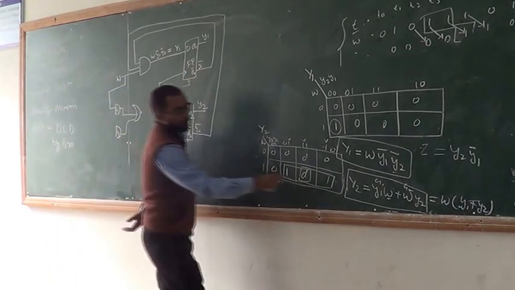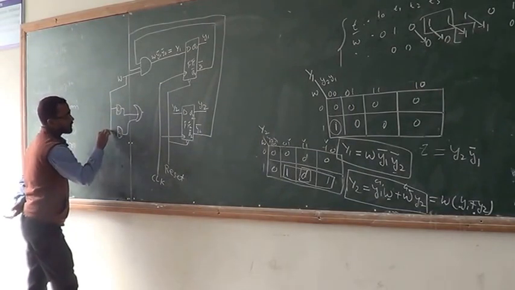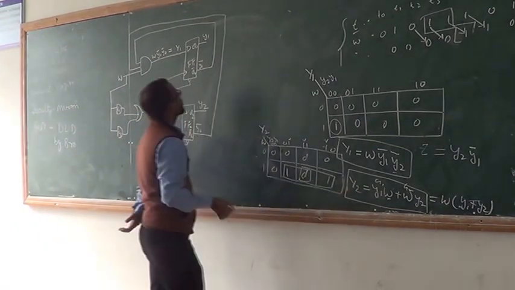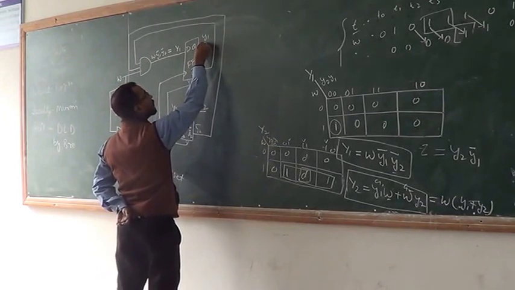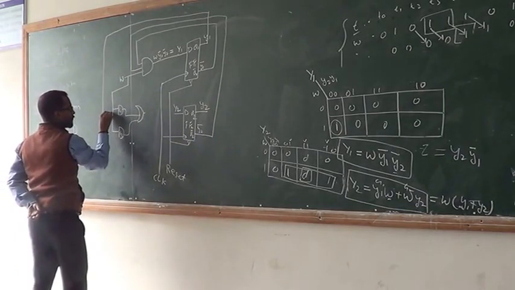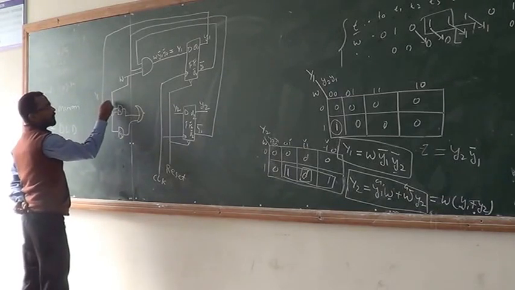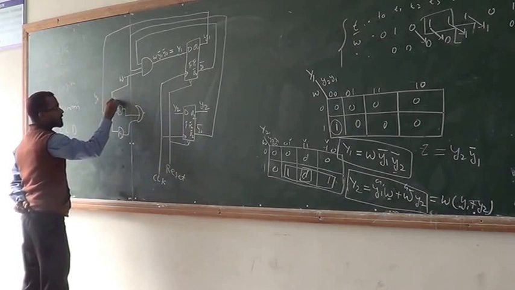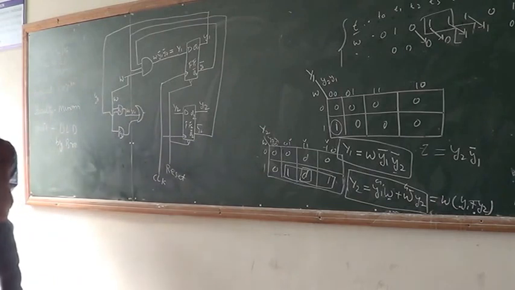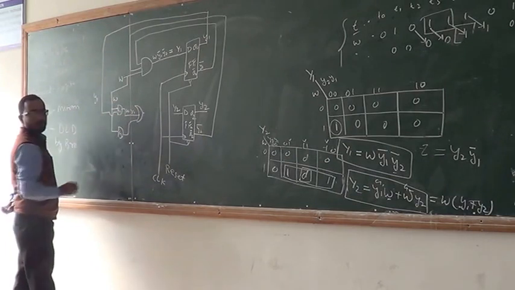So G1 has a W and G2 also has a W. Then this goes to this one. Now what do you require? Y1. Where is Y1? Y1 is here. Now we design Y1. This is Y1. This is W. And at the place, what do you get? W Y1. We get W into Y1.